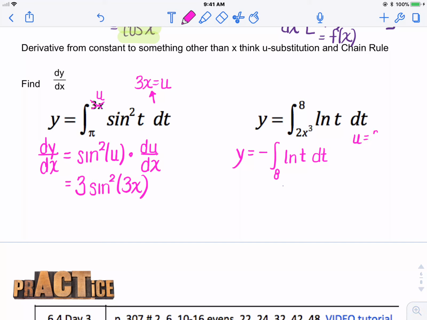I'm going to u substitute and let 2x cubed be u so that I can make my upper bound a single term variable. Fundamental theorem says if you'd like the derivative then, what we're going to have is going to be the integrand in terms of my upper bound. I lost my negative sign.